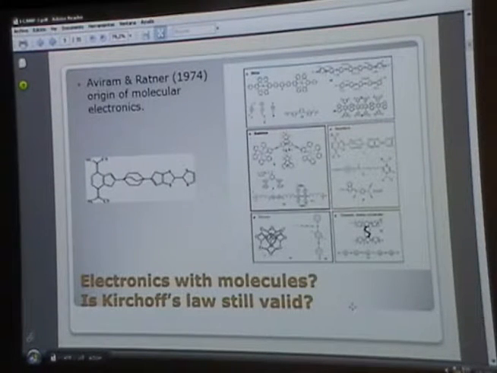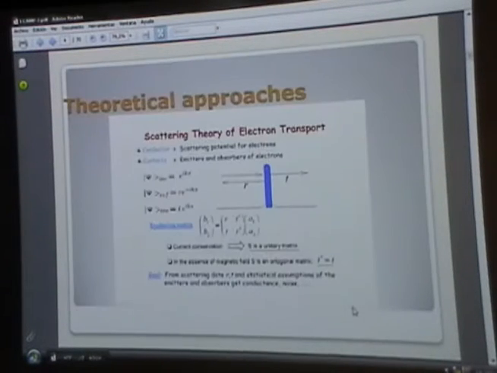This is supposed to be the electronics of the future, maybe in the next 10 or more years. But currently, people are working on other systems, not only molecular systems, but the so-called mesoscopic systems.